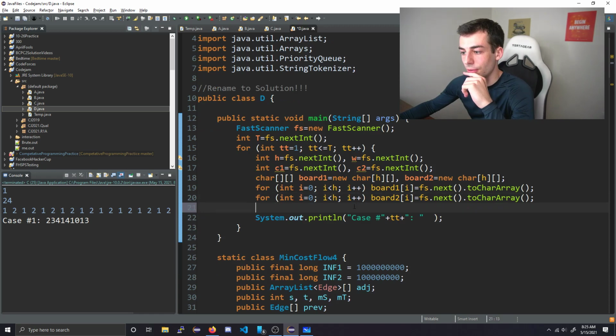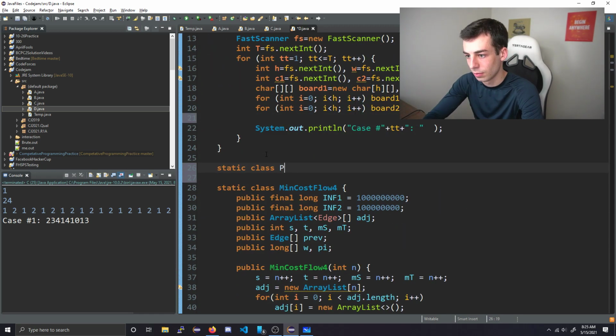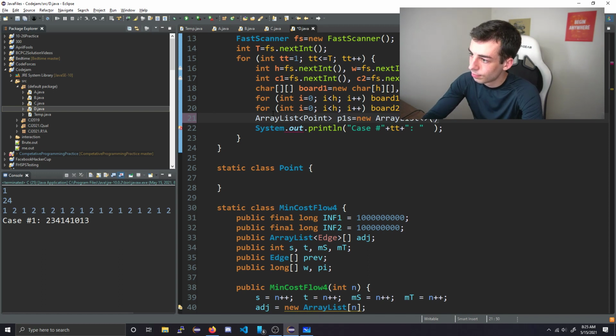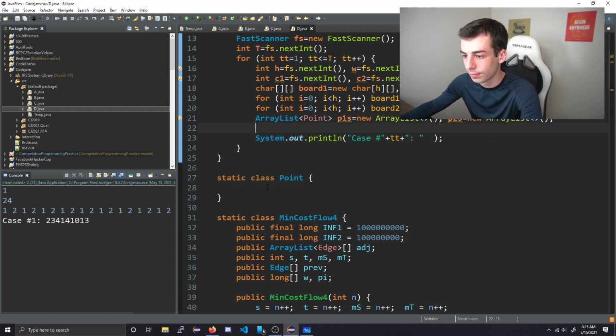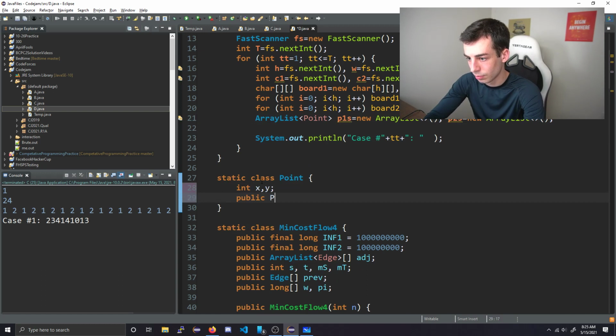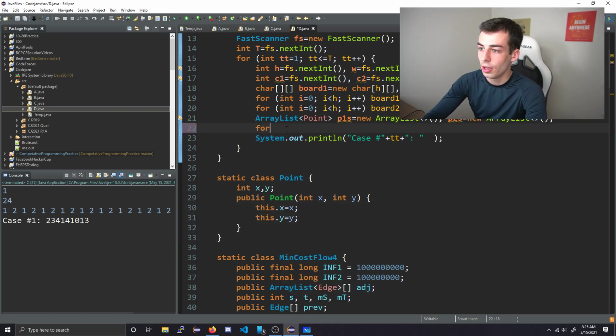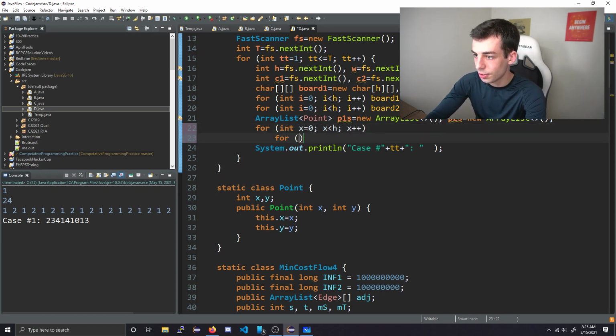Okay, so then we want point array, I guess array list, point p1s. x equals 0, x less than height, x plus; y equals 0, y is less than width, y plus.